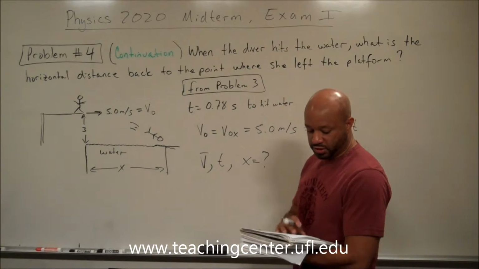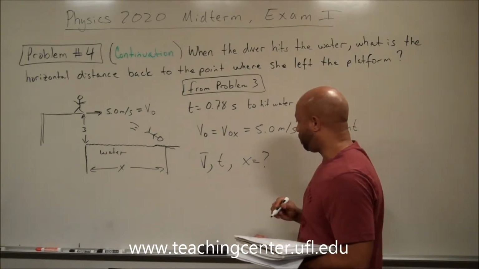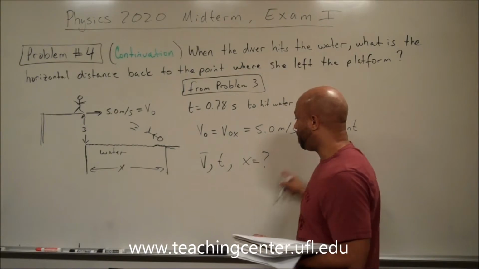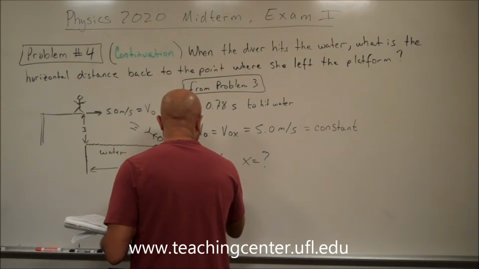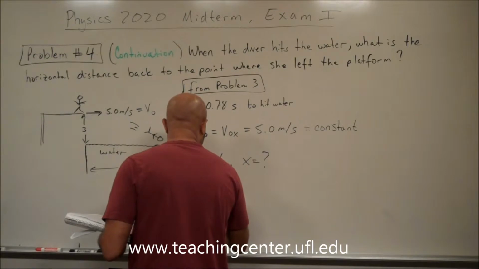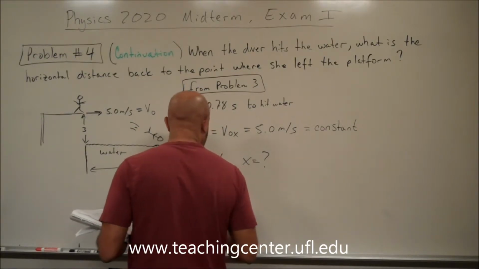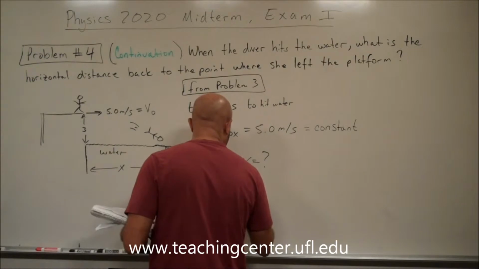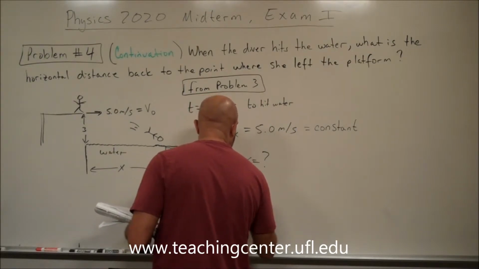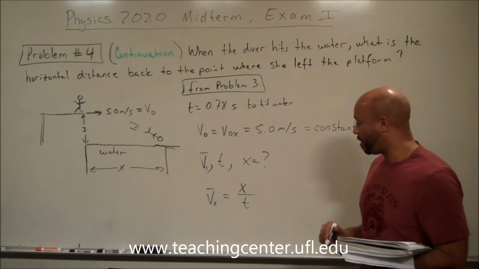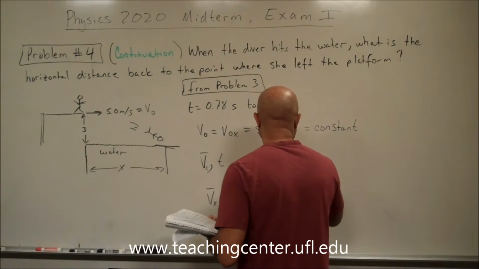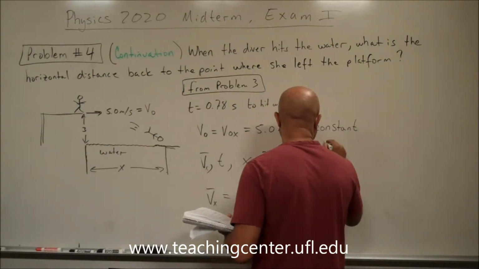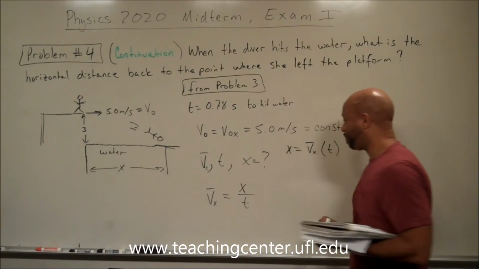If we go to our formula sheet, we can look for a formula that has these three components in it, which would be the average speed. In this case we're talking about the x direction, so the average velocity in the x direction is equal to the distance that it travels in the x direction divided by the time. We can simply solve this equation for x to get x is equal to the average velocity multiplied by the time.